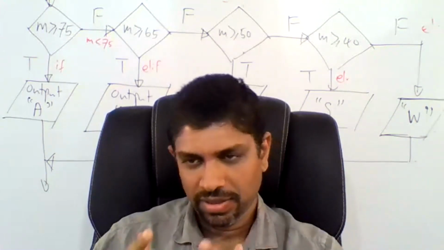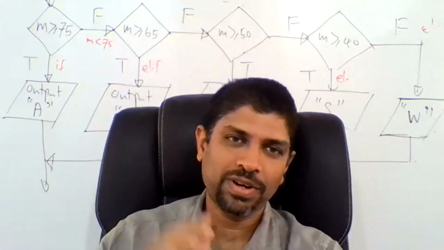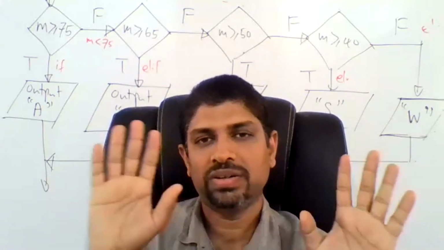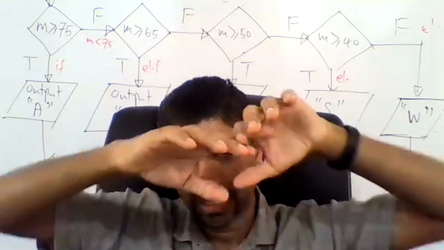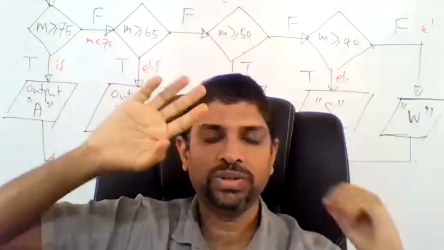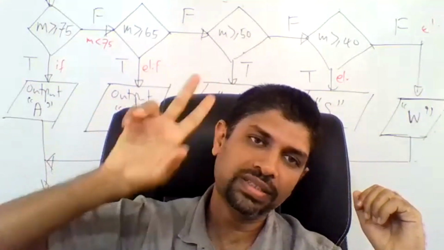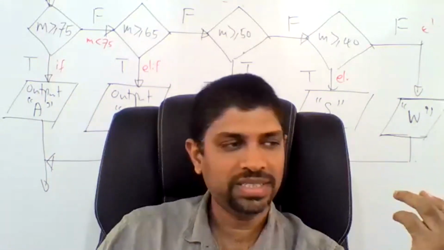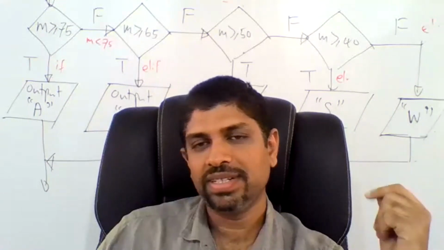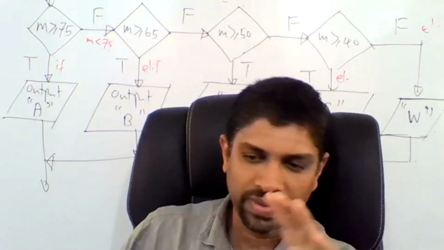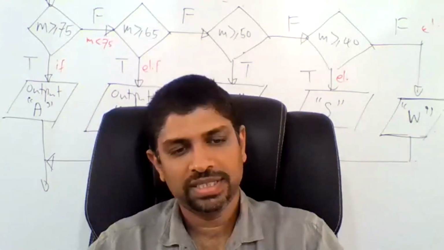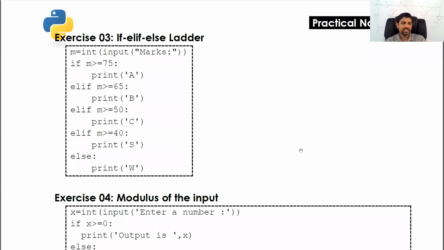So depending on the situation, whether you are looking at a specific point, or one out of two, or one out of multiple, you have to select one of these three: the if statement, the if else statement, or the if else if statement. That's it. We are going to look at several other programs, and with those programs you will be more fluent in the if else statement.